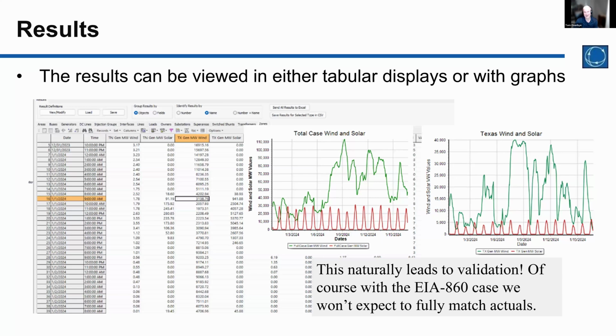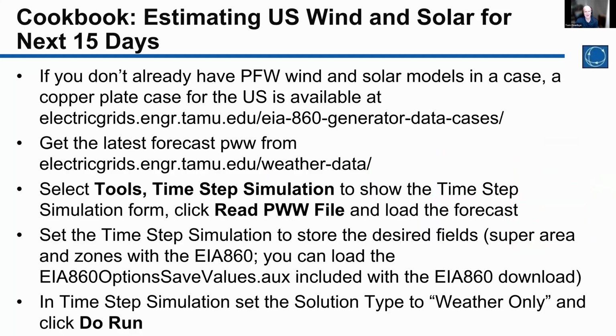So we're working on validating this, but the validation is going to be dependent upon how good the PFW model is and how good the weather data is. Just for fun, I gave you a cookbook approach here that you can go out and try today if you have a recent patch of PowerWorld.